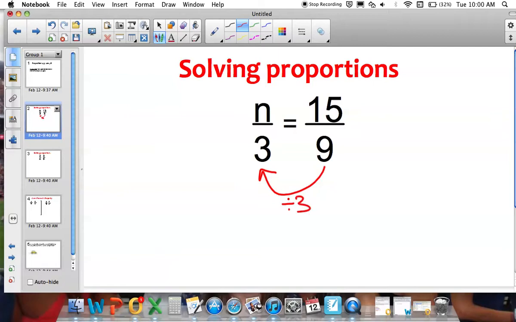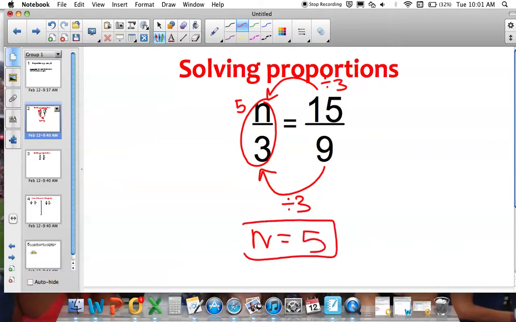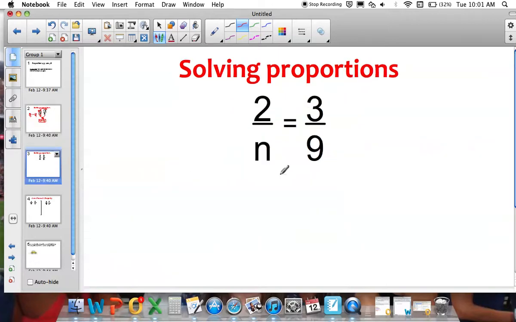If this fraction is equivalent to 15 over 9, then we must do the same thing to the numerator. 15 divided by 3 is 5, which means that n would have to equal 5. And now we know that 5/3 is equivalent to 15/9. This is a correct proportion. This proportion is true.